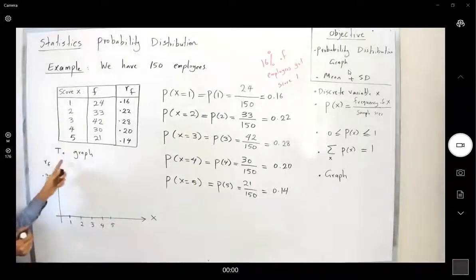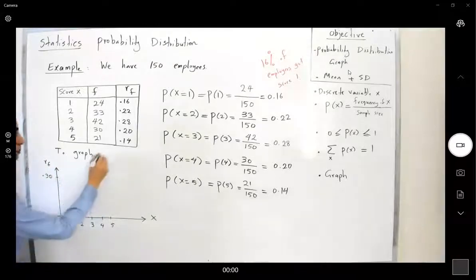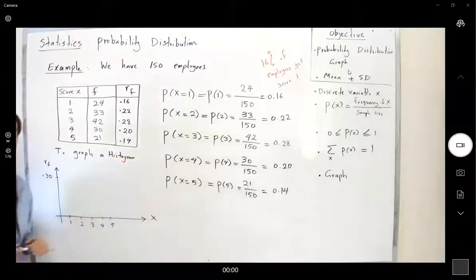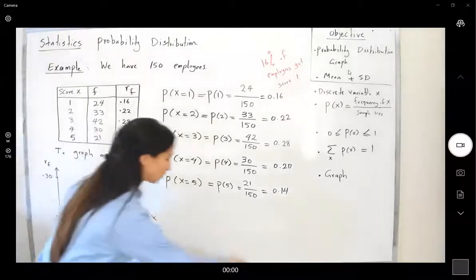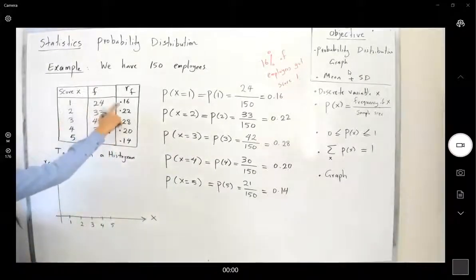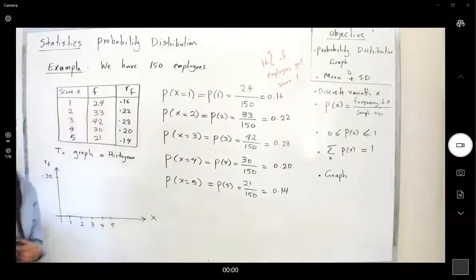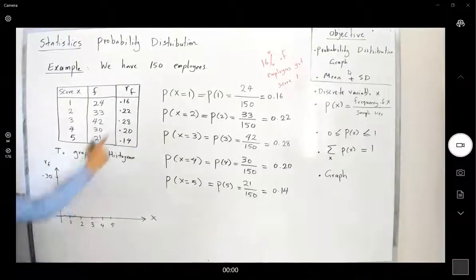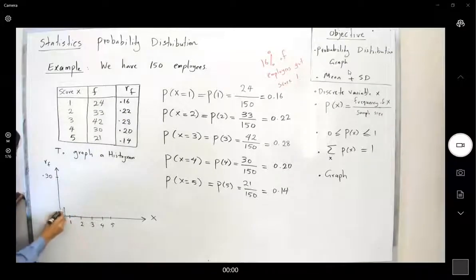Well, we're going to graph a histogram. No gap in between bars. The relative frequency for the first class is 16%. Since 1 is the representative for the first class, the bar is centered at 1 and stops at 16%.